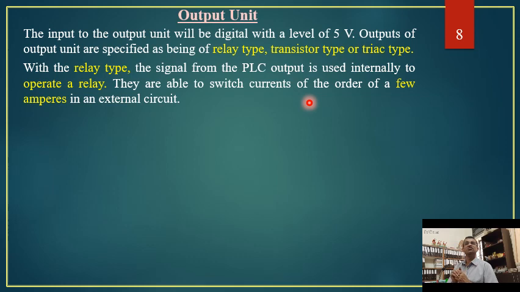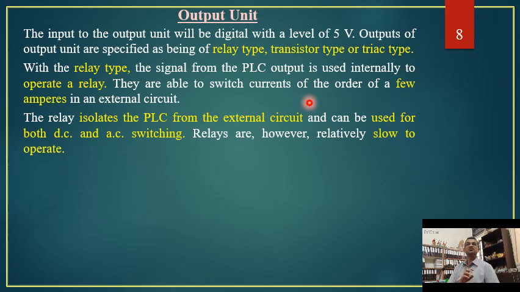So they are able to switch currents of the order of a few amperes in an external circuit. So the external circuit is totally controlled by something else, right? But the PLC normally sends a signal that helps in turning this relay on or off.